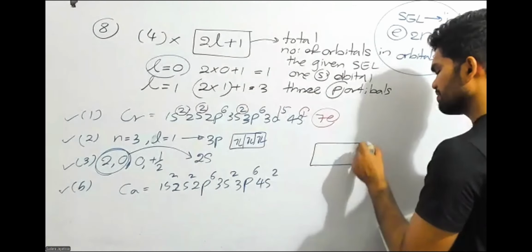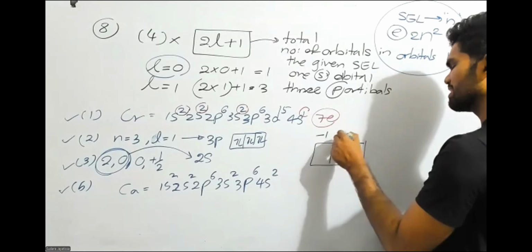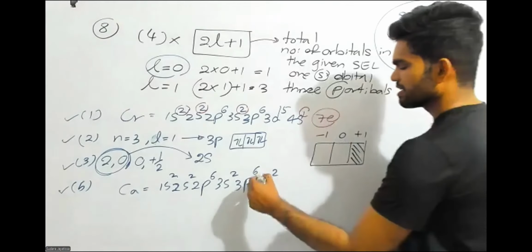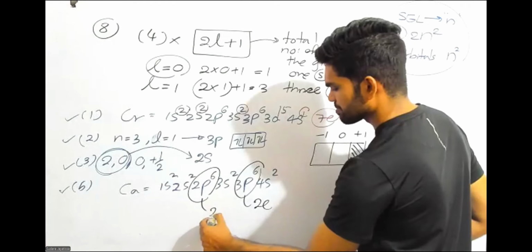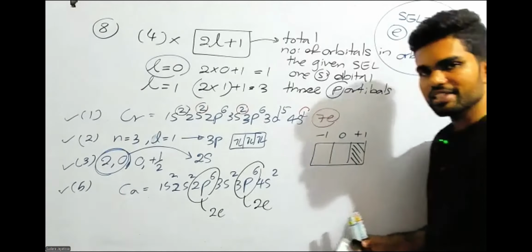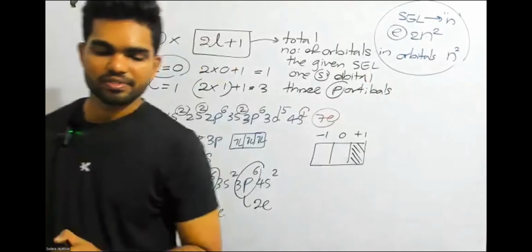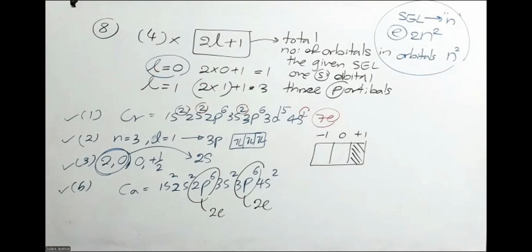Ml plus 1 you can find in the p sub-energy level and d sub-energy level. So out of 6 p electrons, 2 satisfy our condition. Including the other p sub-shell, you have 4 electrons. So that statement is also correct. Understand? It's also a good question.